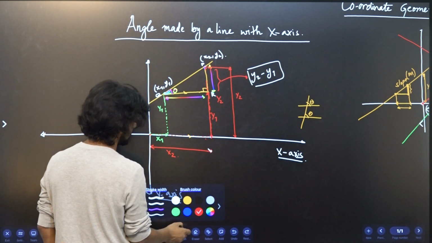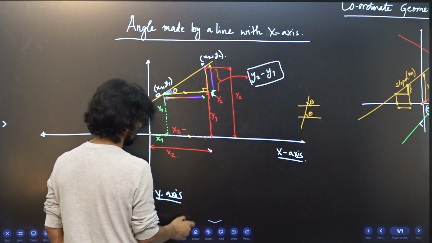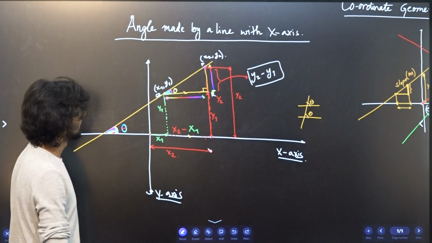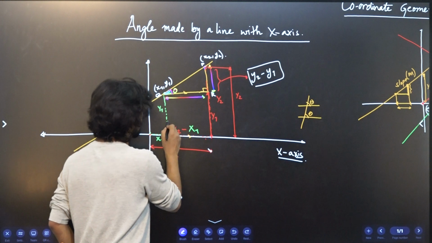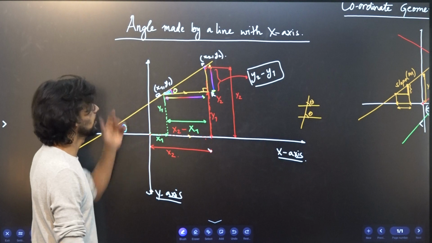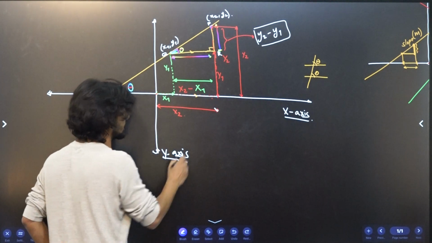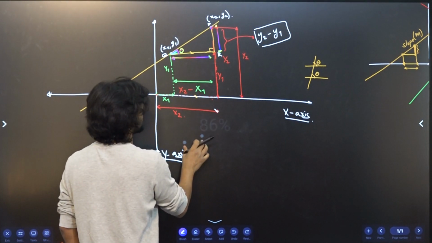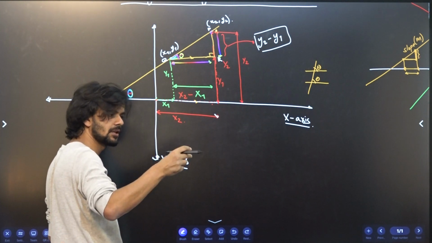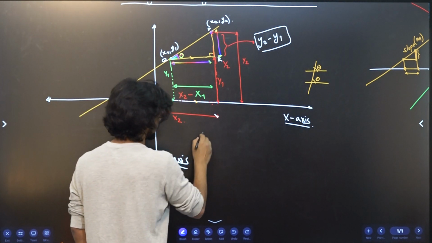I can write tan theta equals P by B, perpendicular over x2 minus x1. So, I know everything now. Rather than the angle, I can find tan theta, the trigonometric function that relates perpendicular and base.